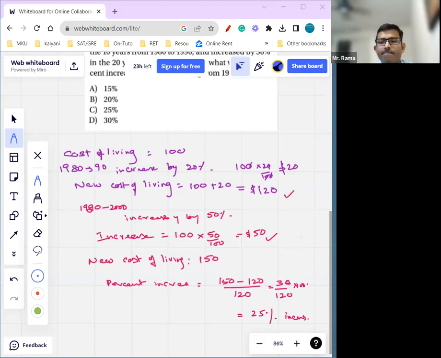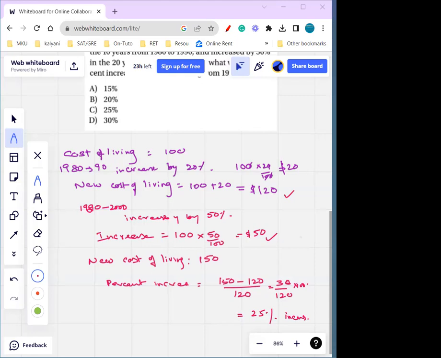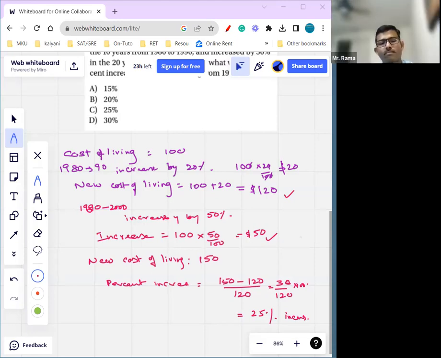What did you say? It's increasing by 50%, right? So it's increasing by $50. So wouldn't it just be 150 minus 120 equals 30? And 30, because 30% of 100 is $30. Wouldn't it be 30%?